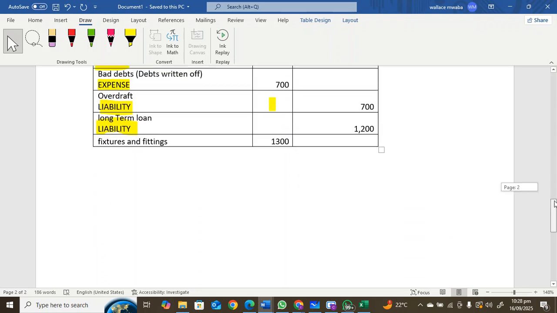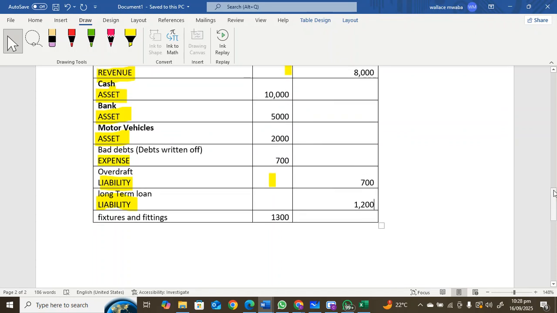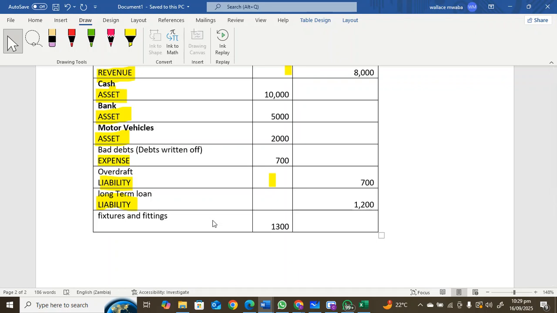And finally, fixtures and fittings. Fixtures and fittings, asset, yes, not a current asset.